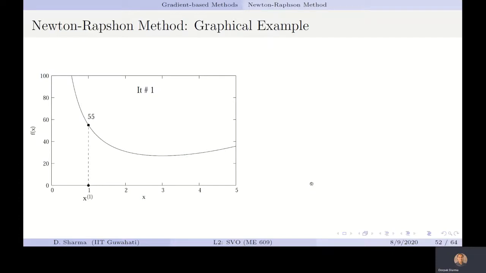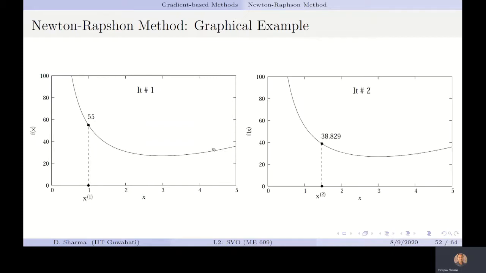Now let's see how the point moves graphically. So this is our iteration. We started at x1, which is 1, and we get the objective function value 55. In the second iteration, the point is improved and the objective function is 38.829. You can see from iteration 1 to iteration 2 that the objective function is improving and the point is moving towards the optimum, which is 3.